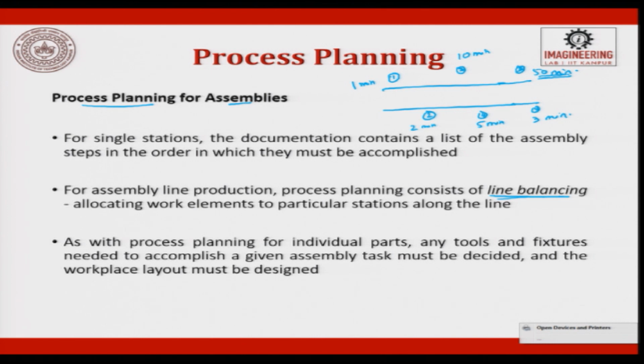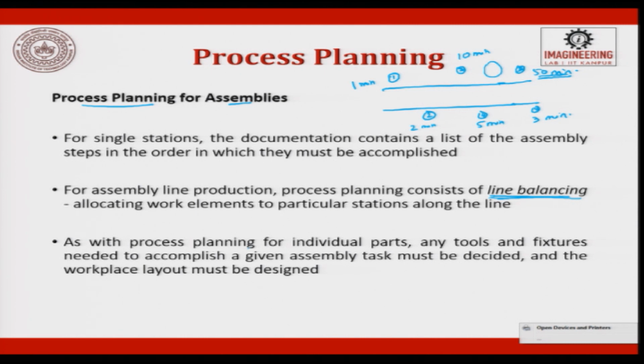Now, all the other machines will be starving for a new product to come until this fellow finishes it. So, we have to balance the line such that almost all the cycle times are uniform. That is what is called line balancing. How do you do line balancing? You add more machines or you add inventories in between. Both ways you can do. So, for assembly line production, process planning consists of line balancing, allocating work elements to particular stations along a line.